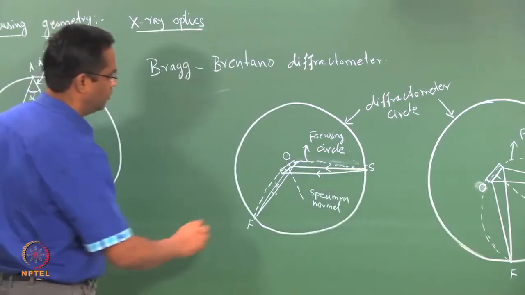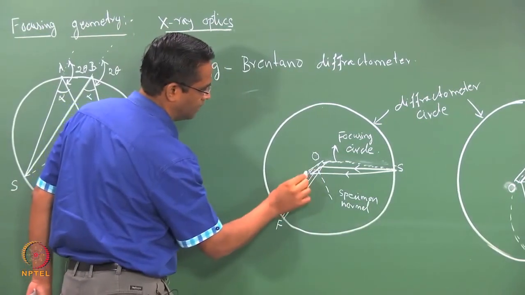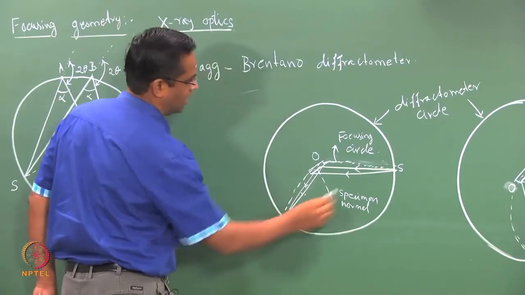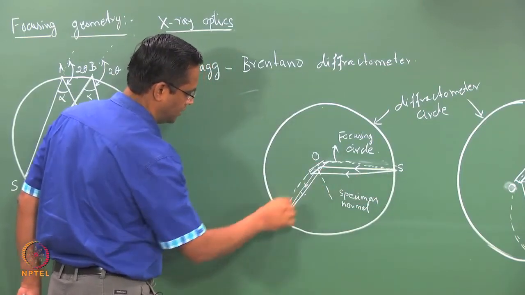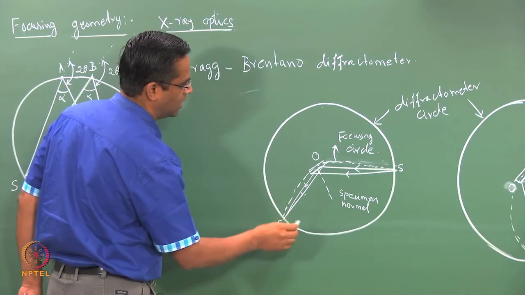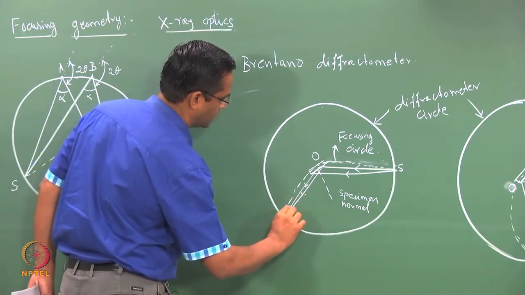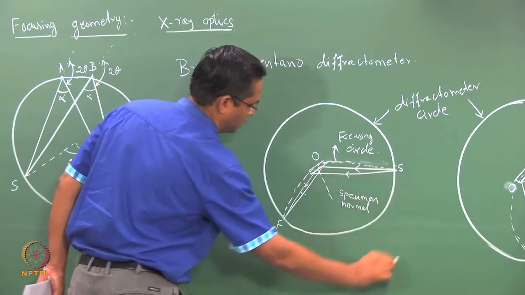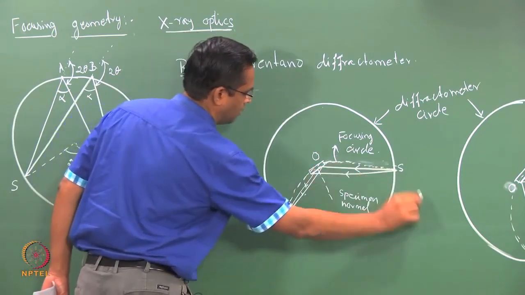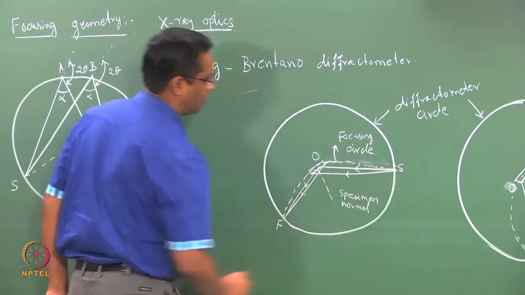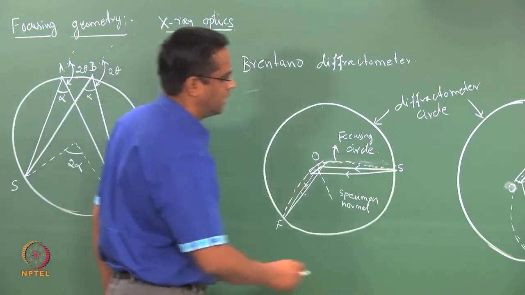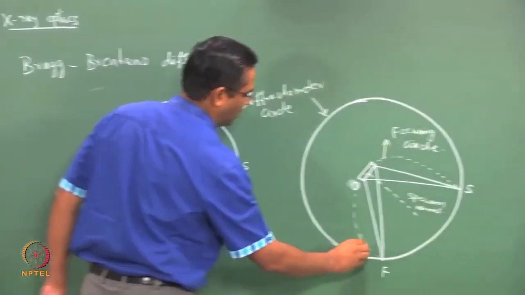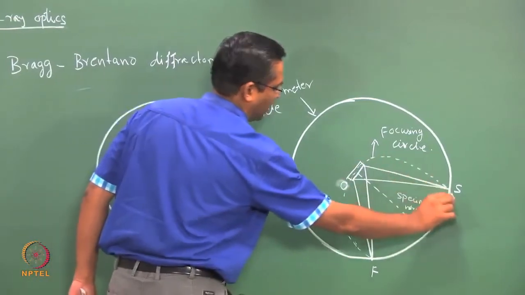In this case, this is the specimen and the specimen normal, this is the incoming source, and this is the diffracted beam which is focused. The specimen is kept on the perimeter of the focusing circle. As the 2 theta becomes smaller, the focusing circle also becomes smaller.